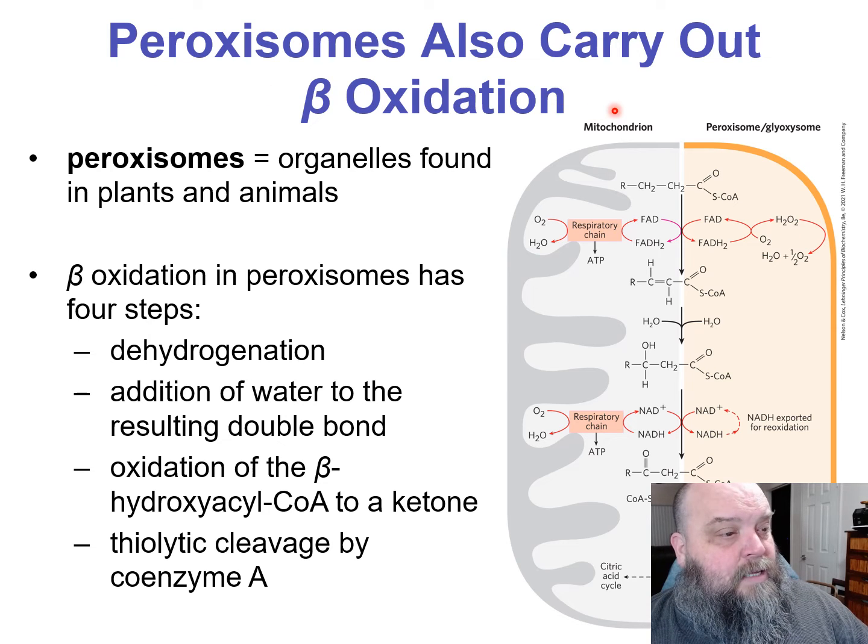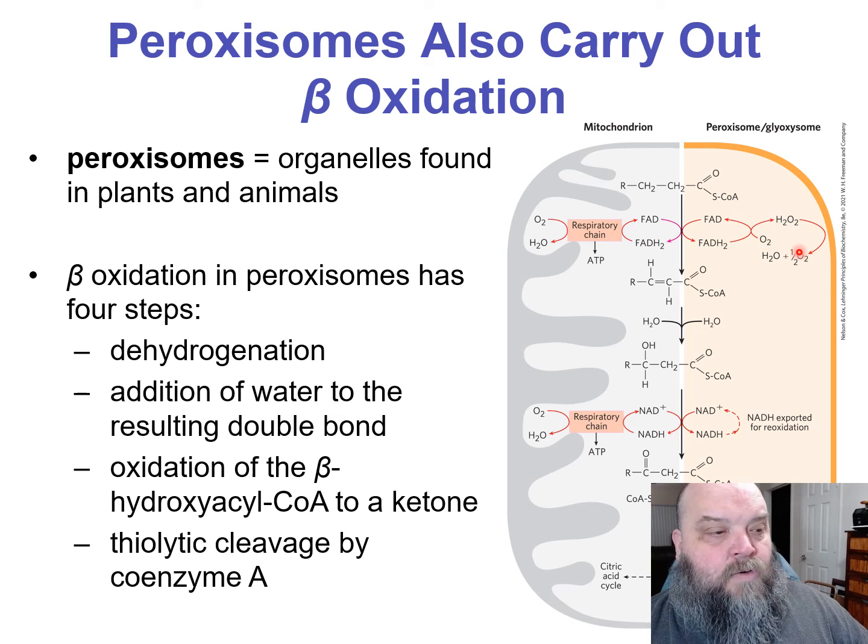When you look at the other organelles in eukaryotes, you have what are referred to as the peroxisomes. These are organelles found in plants and animals. Their job is some of the similar reactions that you see in a mitochondria, except notice there's no respiratory chain here.